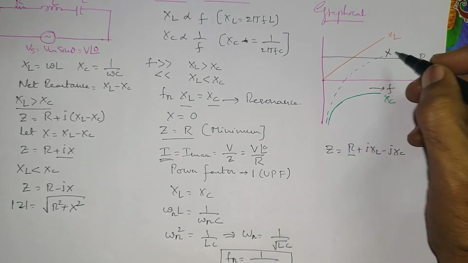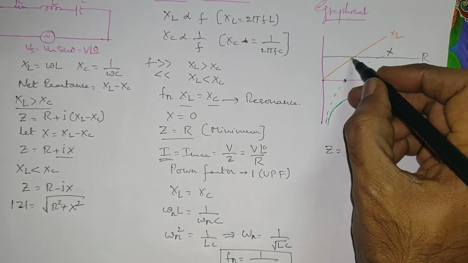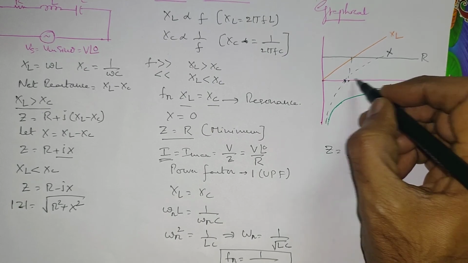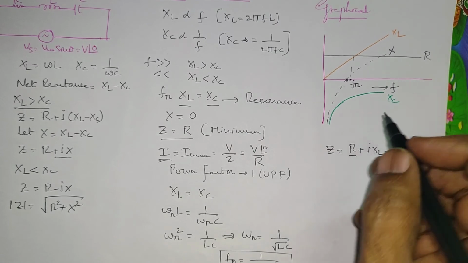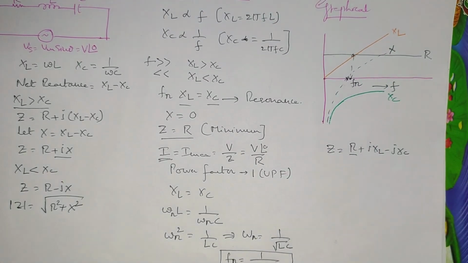So this will be the net reactance X, and at this point the net reactance is equal to 0, and this point corresponds to the resonant frequency where the impedance will be exactly equal to the resistance.